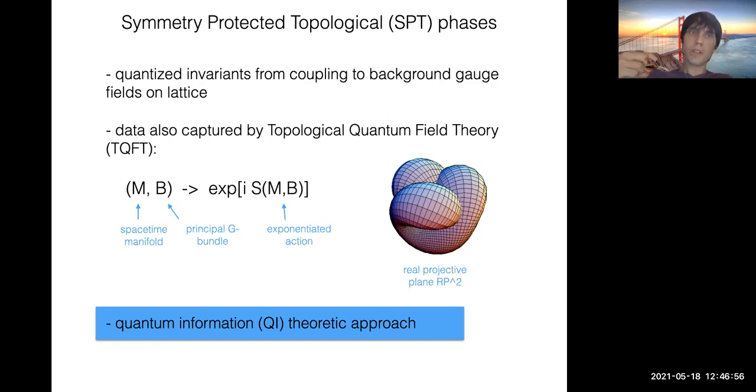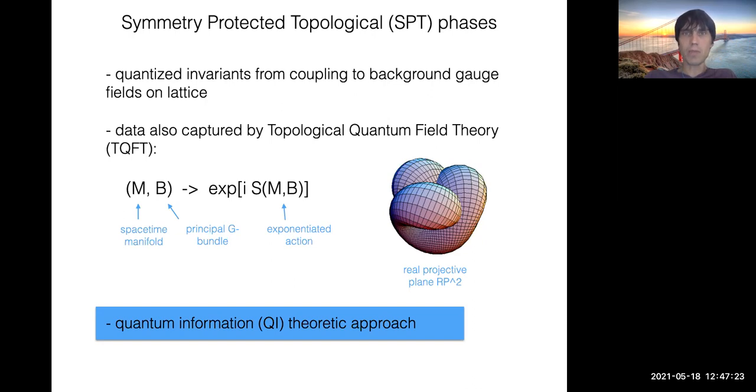Originally, the original way of understanding these SPT phases is by saying, well, look, you have a global symmetry here. This is a system with a global symmetry. One thing that we know we can always do with a global symmetry is gauge it. This means various things to various people. It's kind of a fraught word. But at the level of lattice systems, this actually means something very specific.